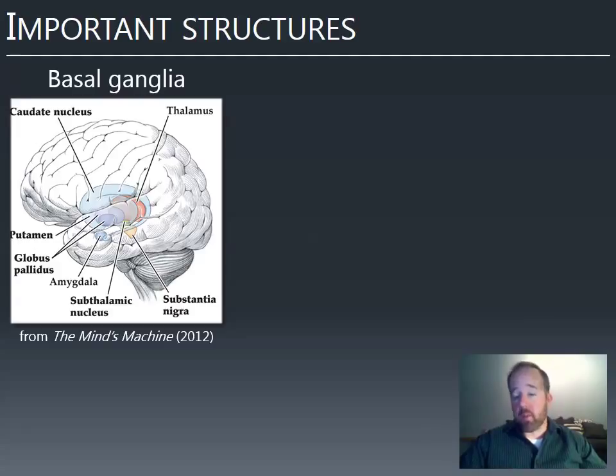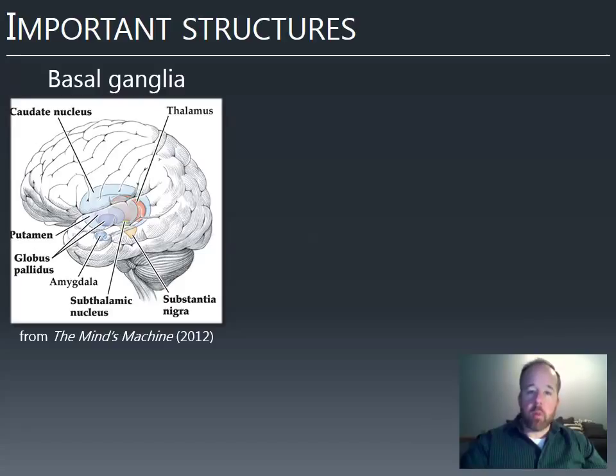It's one of the only couple structures that produce dopamine, which is why if neurons in that structure die, you get Parkinson's disease. And what does that mean? Well, Parkinson's disease, again, is the result of death of dopamine neurons in the substantia nigra.